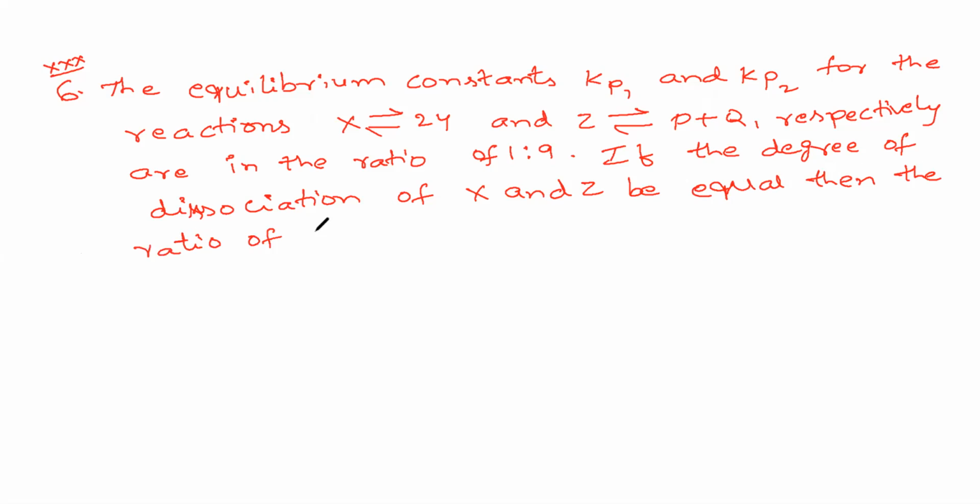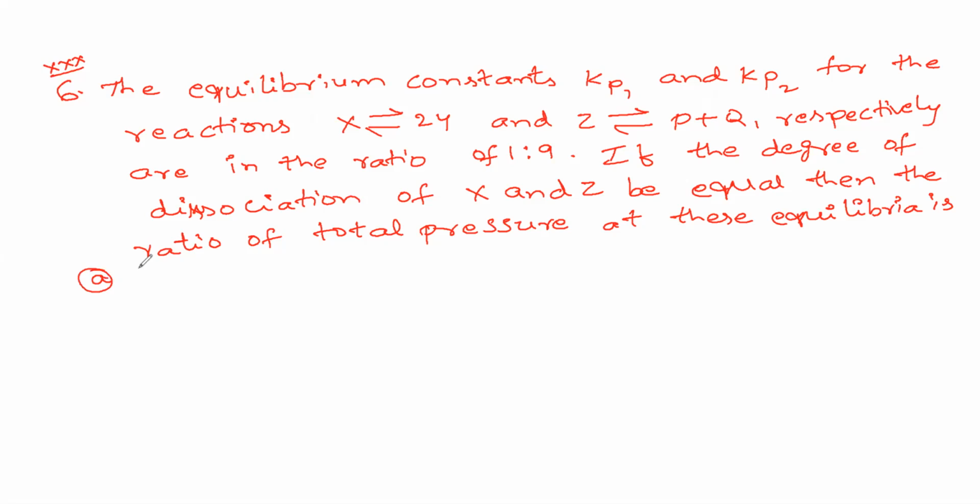of total pressure, a very important concept, total pressure. Till now we have not heard this type of question. The ratio of total pressure at these equilibria is: option A is 1:36, option B is 1:1, option C is 1:3, and option D is 1:9.